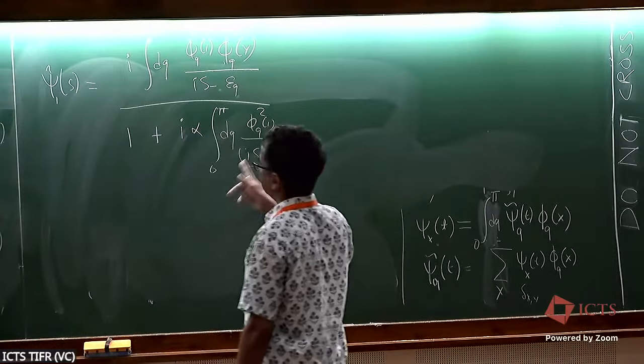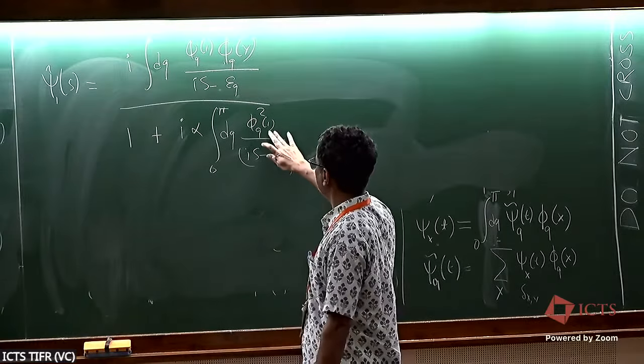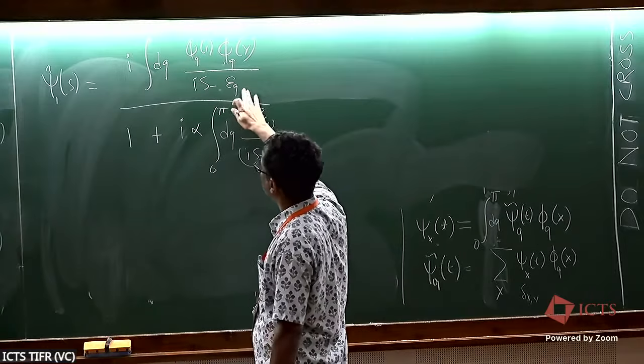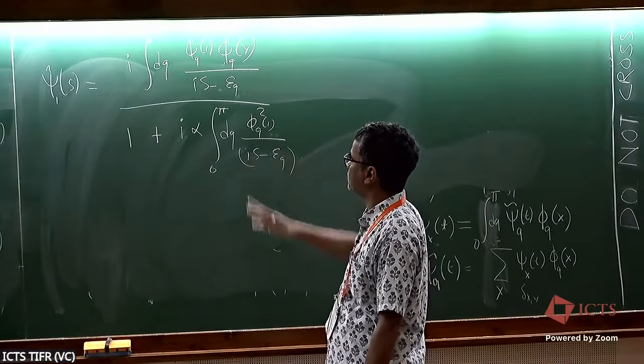Okay, so we have some very explicit form, right? So phi q is just sine q and phi qy is sine qy. Epsilon q is 2 times 1 minus cos q. So we just have to do these integrals.